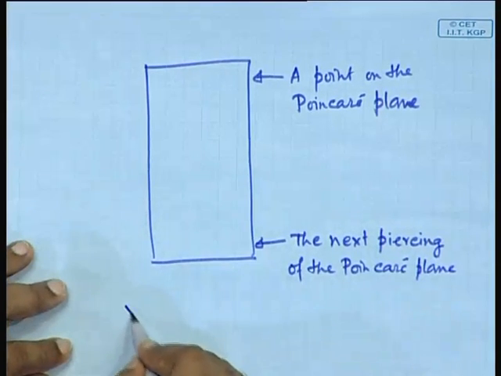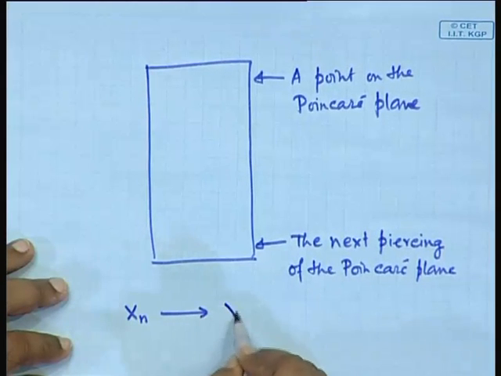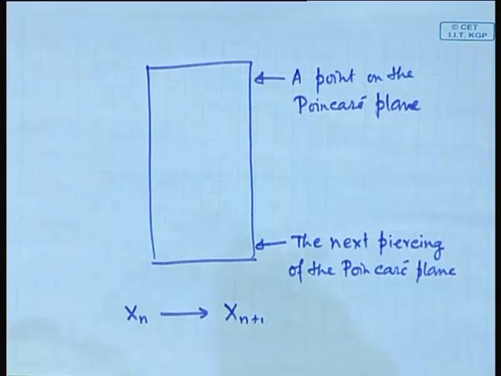Therefore, it has started with x n and it has given x n plus 1, where x is a vector. Okay.